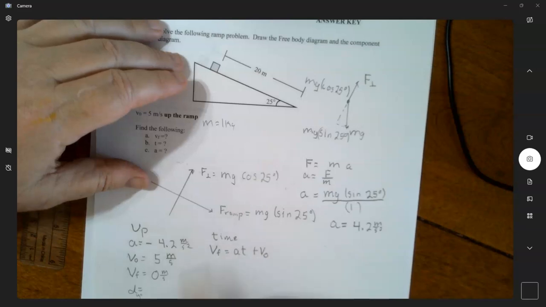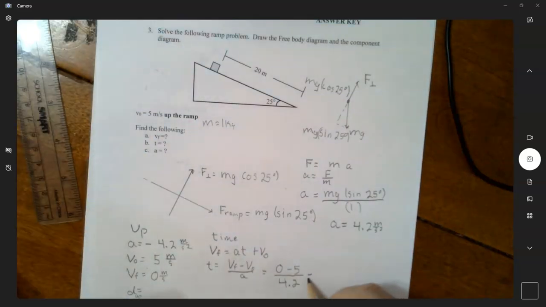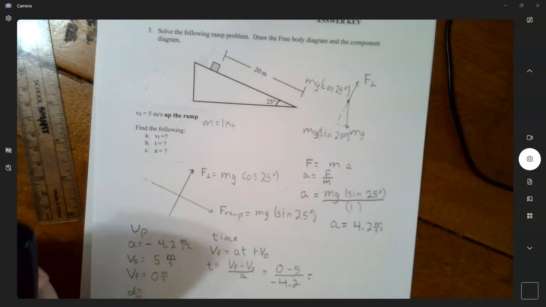You can't eliminate V0 because it's not 0. But I'm going to assume you can do the algebra. If you can't, we're going to subtract V0 from both sides and divide by A. So we end up with time equals, and it's negative 4.2 for the acceleration. So what we're going to get when we do that is 5 divided by 4.2, and we get this.